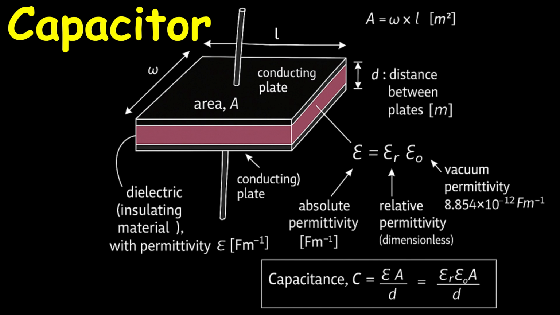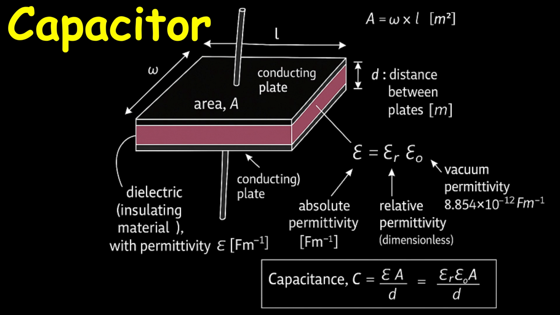That's why the diagram says it's dimensionless. So, to find the total, or absolute permittivity, epsilon, of our chosen material, we simply take the universal baseline, epsilon naught, and multiply it by our material's unique score, its relative permittivity, epsilon r. This gives us the final, effective permittivity of the stuff we've put between our plates.